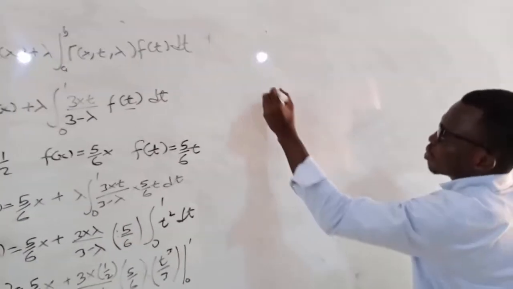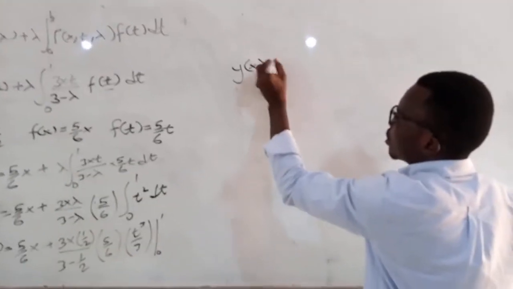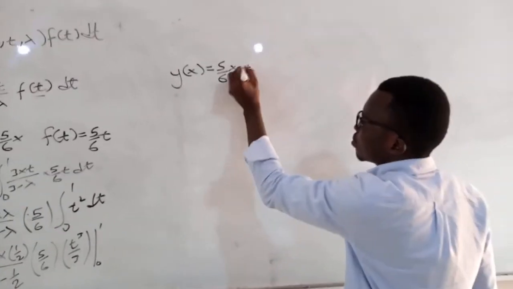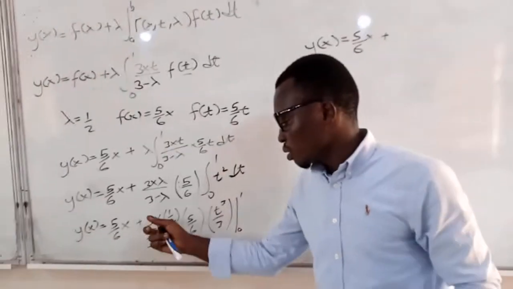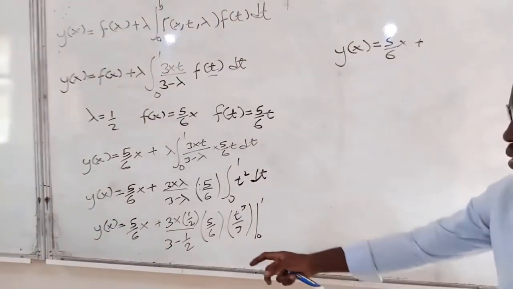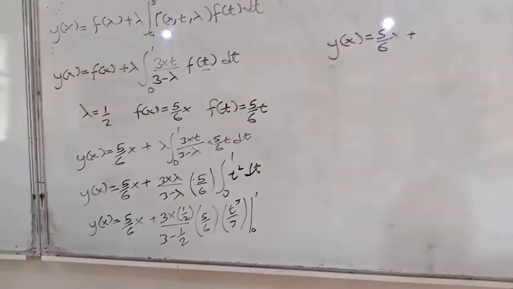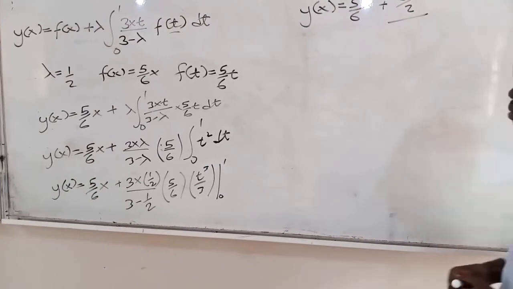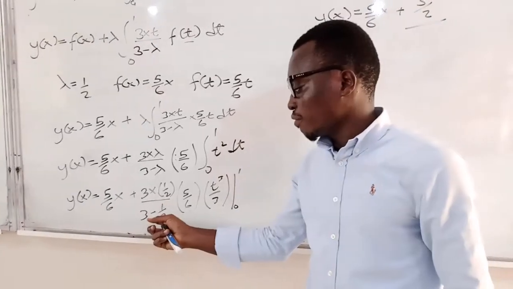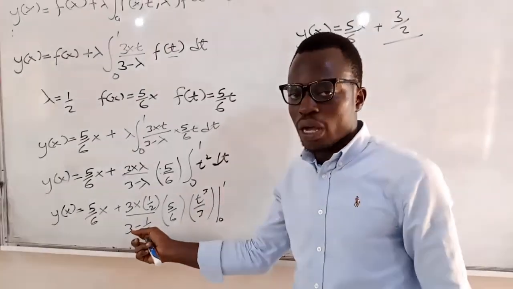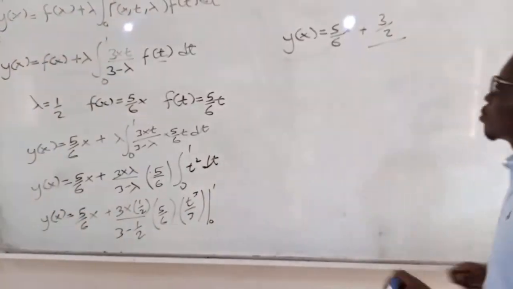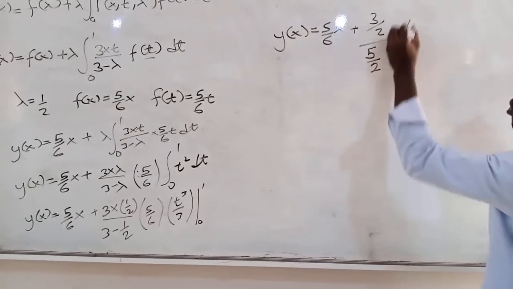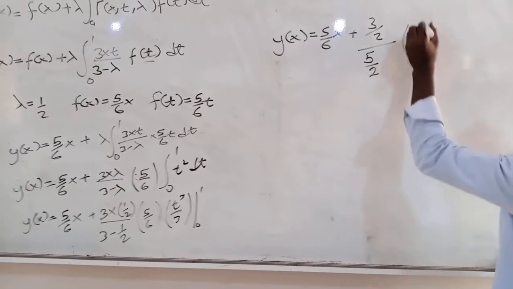So y of s becomes 5/6 s plus 3 times half, the same as 3/2, all divided by 3 minus half, the same as 5/2, all times 5/6.